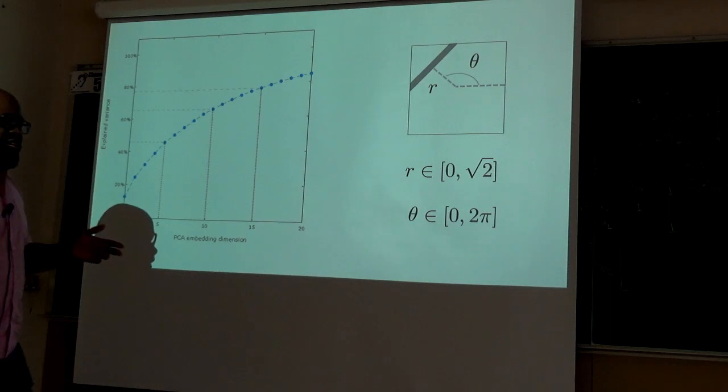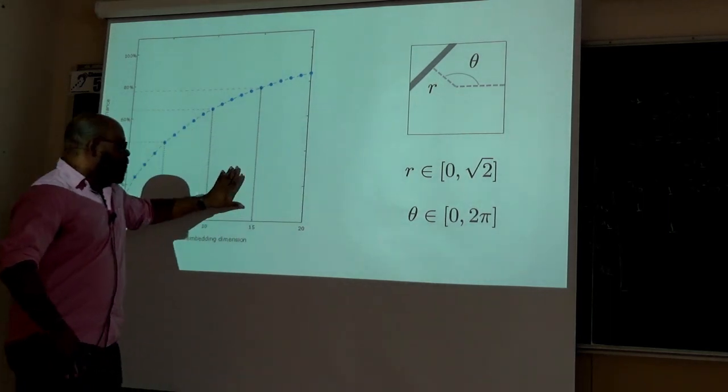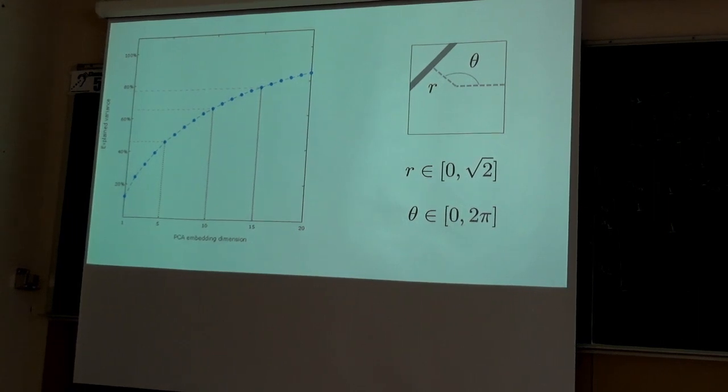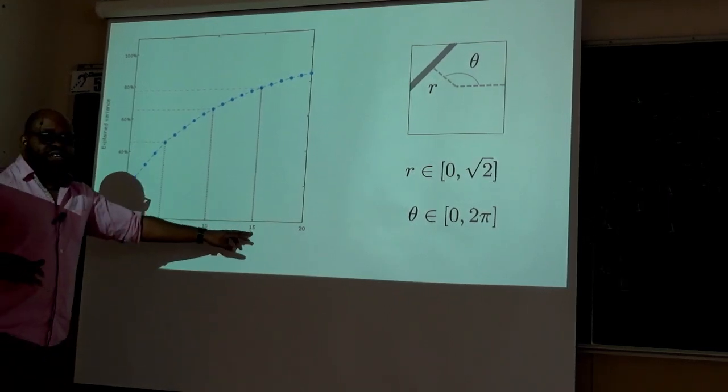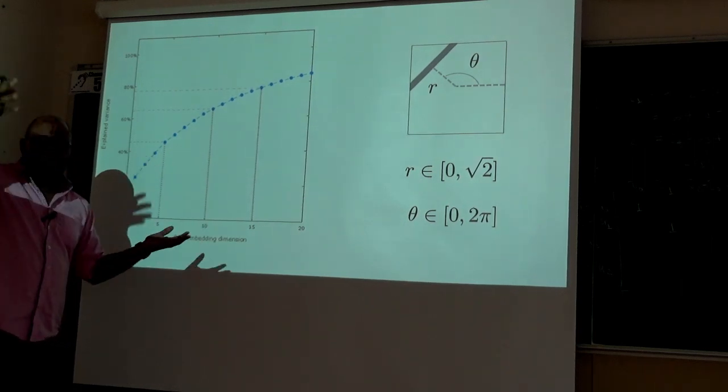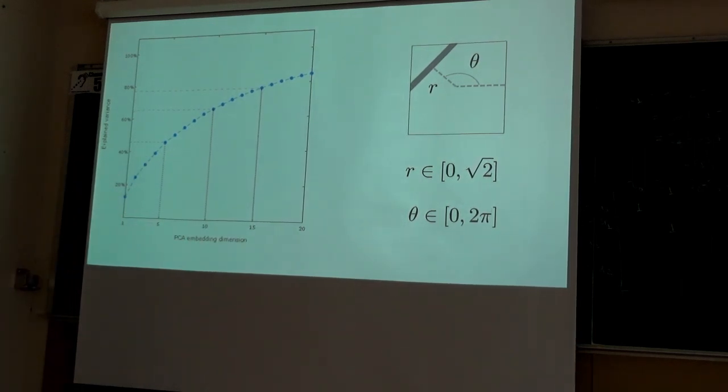So what does this tell you when you look at this plot? Yes? We're going to need a third one for the width? The width, yeah. Constant. Oh, it's constant. Yep. So this is telling you that the data set is essentially two-dimensional. It needs only 2 parameters to describe everything, but you need something like 15 dimensions to actually see it. So that says that it's very highly nonlinearly embedded, okay?